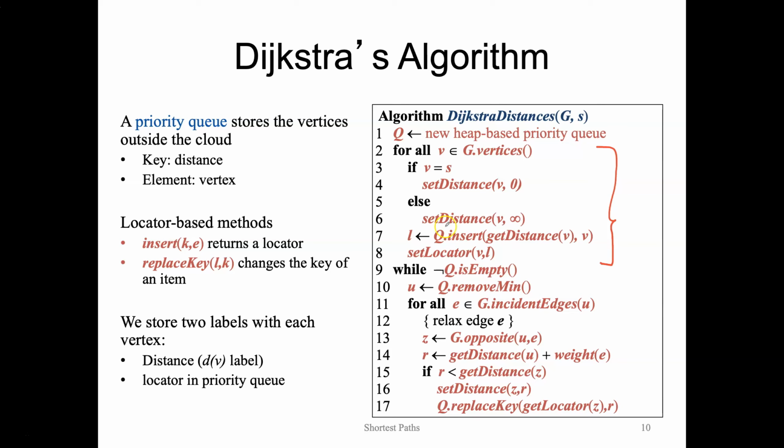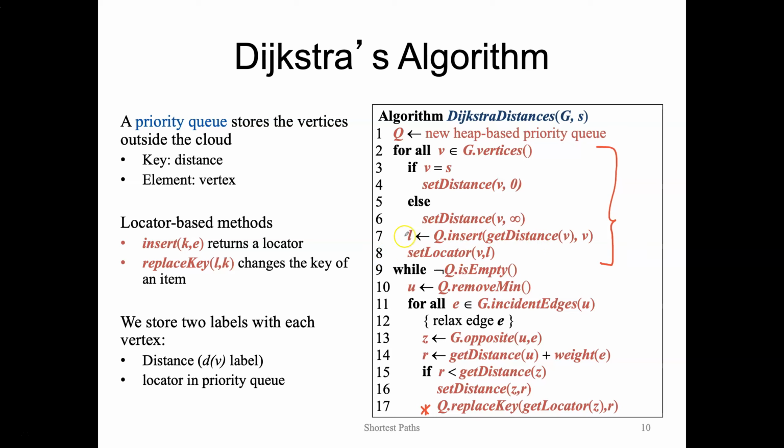Now additionally, when a vertex is added to this priority queue, we're going to keep track of where it is in the priority queue. You'll see why this is important in the last line. Because we update the distance labels for vertices later on when an edge is relaxed, we need a quick way to access where this vertex is in the priority queue so that when its distance label does change, we can shift it around in this min heap.